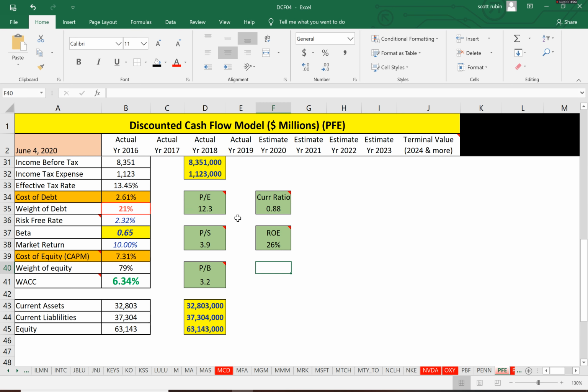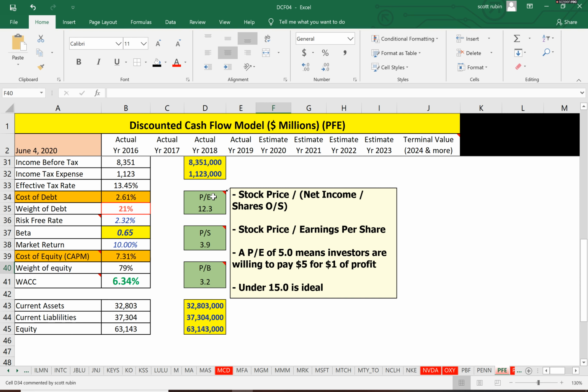So PE ratio, it might be one of the most common ratios people use. It's the stock price over the earnings per share. And earnings per share is net income over shares outstanding. And I like to invest in companies with a PE of below 15 because I'm a value investor.